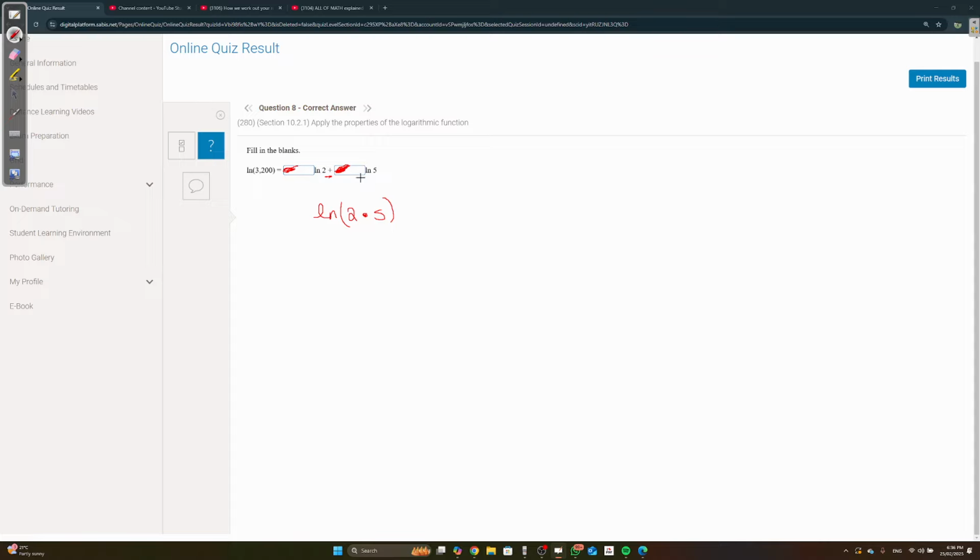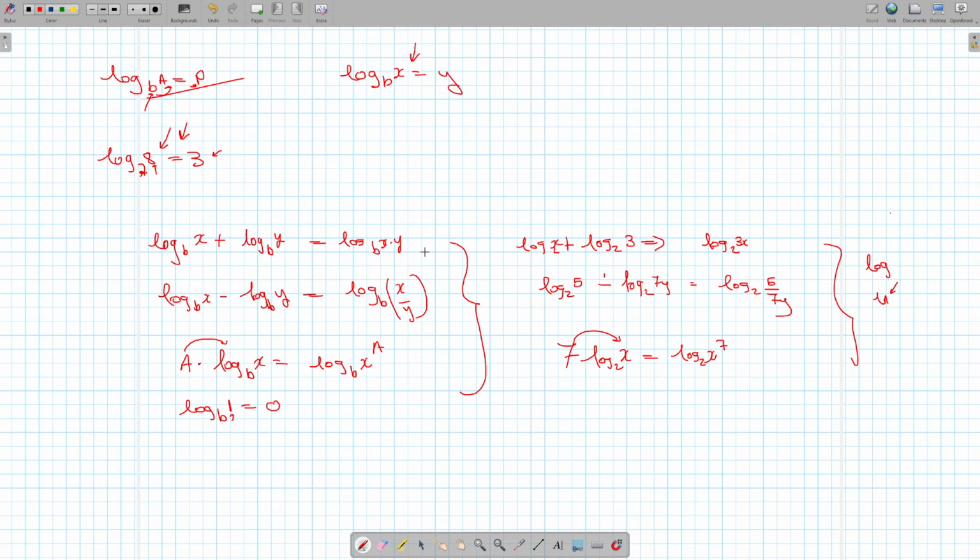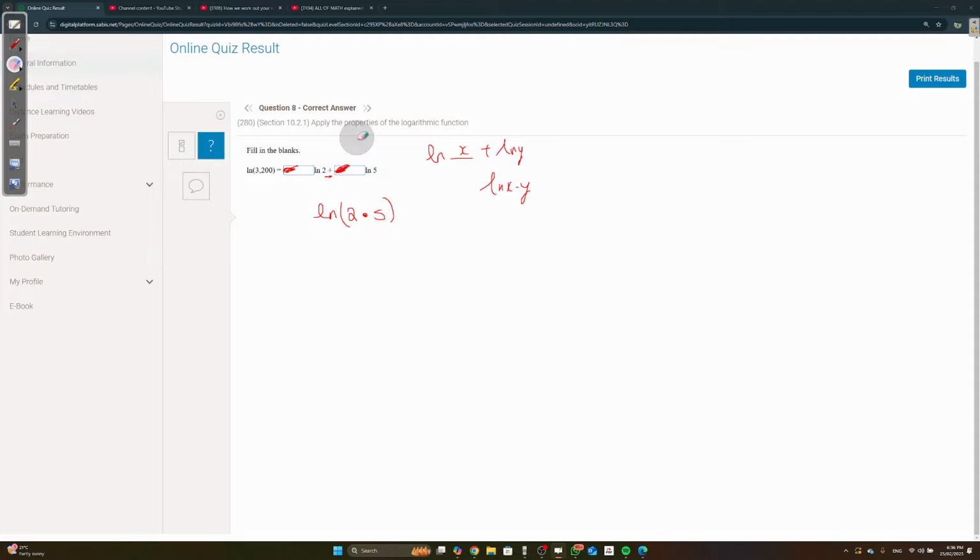Remember the property of ln: ln x plus ln y is equal to ln x times y. Remember, I told you this property. Here, the properties are here for log and ln, if you want to look at them. So that means here, this ln 3200, we expressed it as, ignore these coefficients. Coefficients means to the power of.